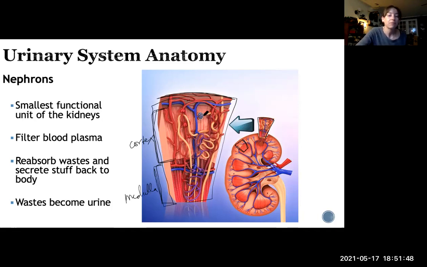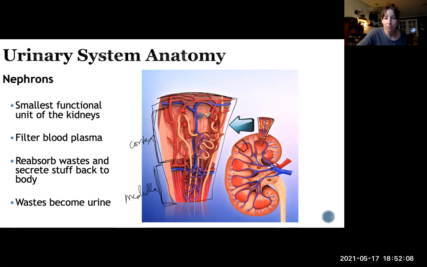And as you can see, the nephron is the yellow tube that's squiggling all around in here. It extends across the cortex and into the medulla. Okay, so you have literally millions of these things all throughout both of your kidneys.